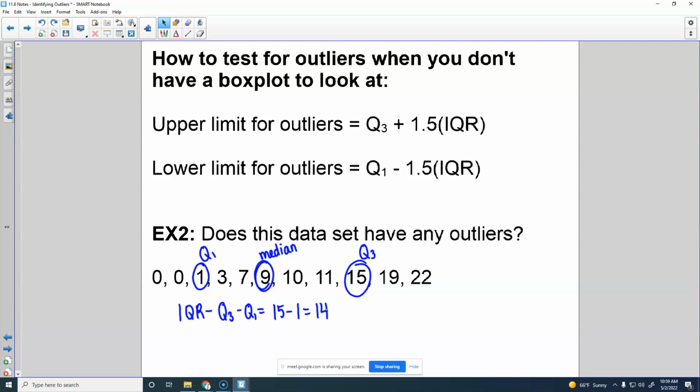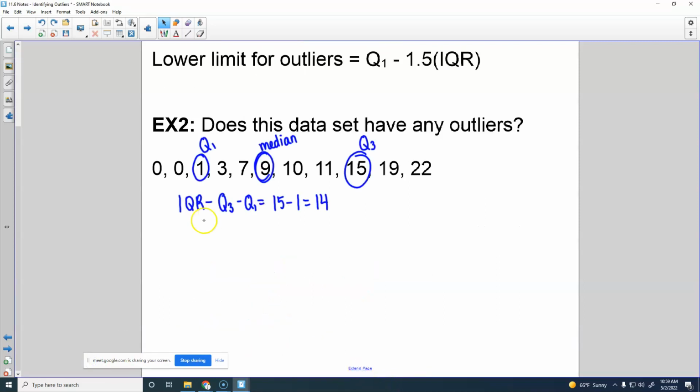Our box is 14 units long. So if I want to check to see if I have an upper limit, I would take Q3 and add 1.5 times IQR.